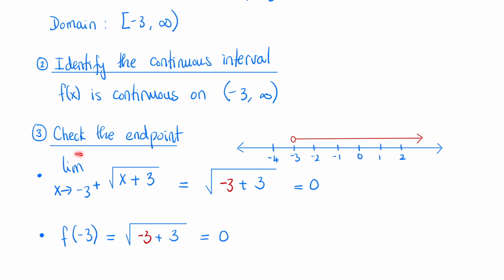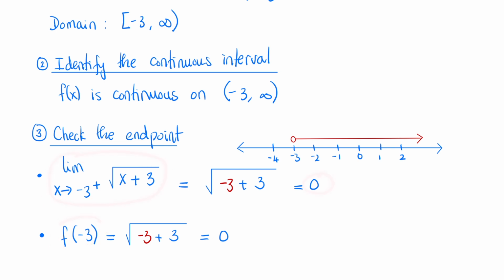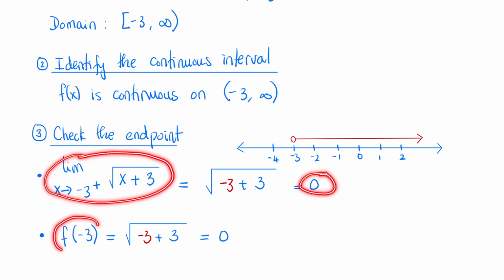Now, let's compare the right-hand limit and the function value at x equals negative 3. The right-hand limit of the function equals 0, and the function value at x equals negative 3 is also 0. Are they equal?